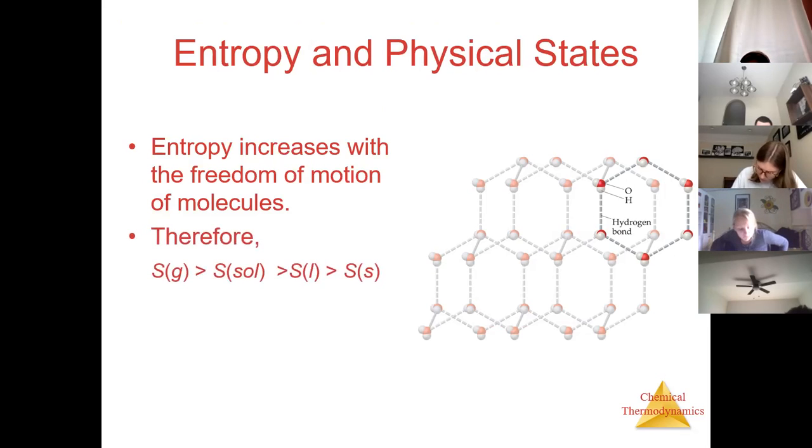So as a general rule, gases have more entropy than solutions, which have more entropy than liquids, which have more entropy than solids. Gases, solutions, liquids, solids. That's the ranking of this system.